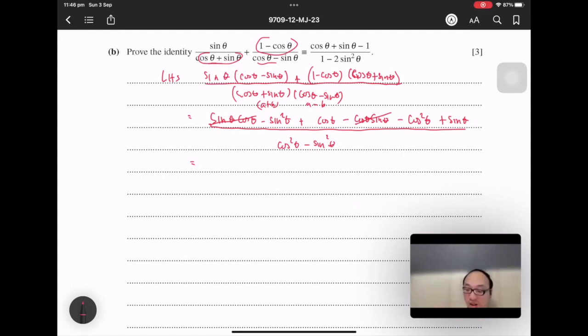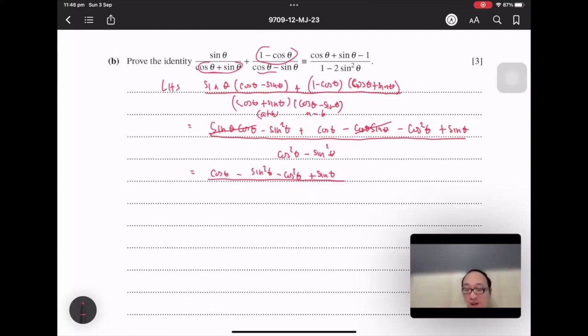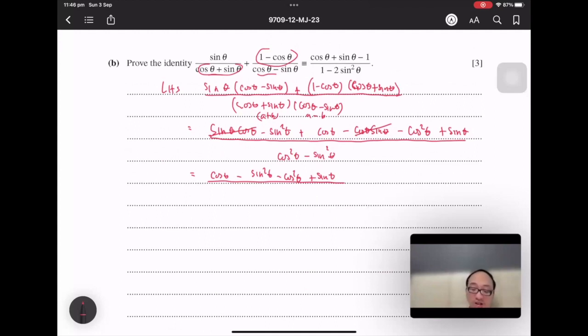And then I have cos theta minus sin squared theta minus cos squared theta plus sin theta over, I need to change cos into sin. So using the identity, cos squared is 1 minus sin squared theta, minus sin squared theta.